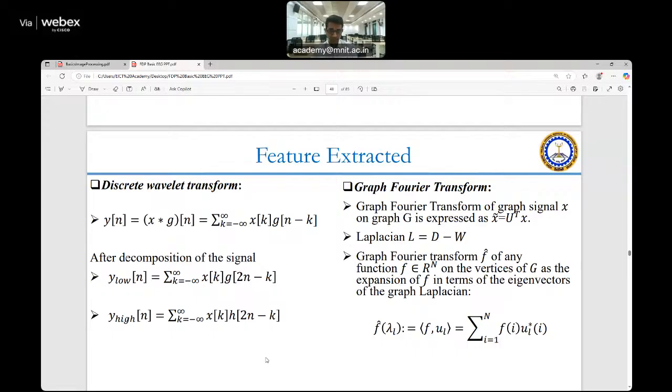In the same way, the graph Fourier transform, we have read about it. In another way, you can understand it as a multiplication of the bases, the eigenvectors, which are the basis of the matrix set.